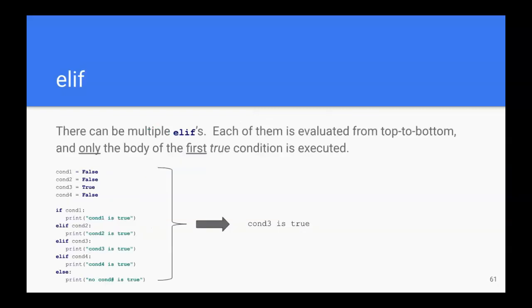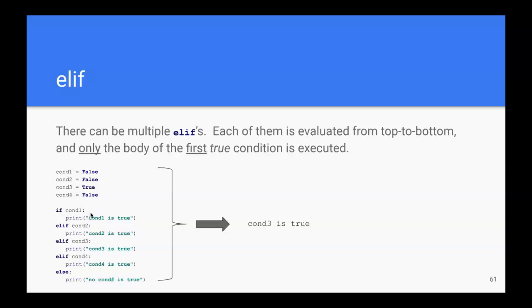Now, the elif does get a little more complicated, and that is because you can have multiple elifs. You're not limited to just one. And when you have multiple of them, each one of them is evaluated from top to bottom. I mean, obviously including the original if condition.